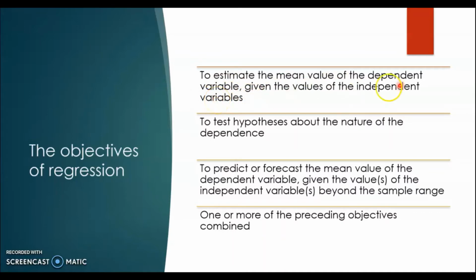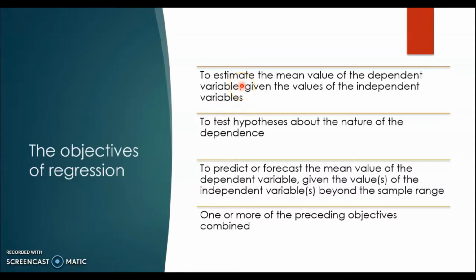We may have one independent variable, which we can refer to as a simple regression analysis, or we can also have more than one independent variable, which we can refer to as the multiple regression analysis.